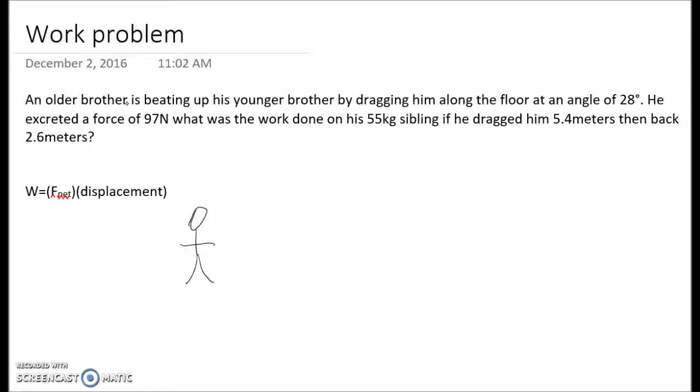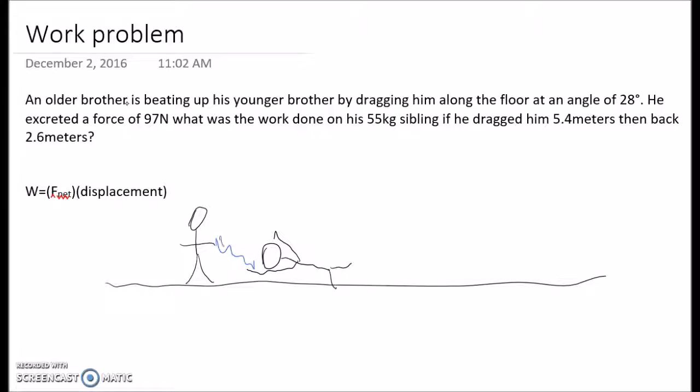beating up his younger brother by dragging him along the floor at an angle of 28 degrees. So here's the floor. Here's his sibling. And then I'll make this a rope here. Okay? So he's getting dragged, and the angle that he's getting dragged at is 28 degrees.